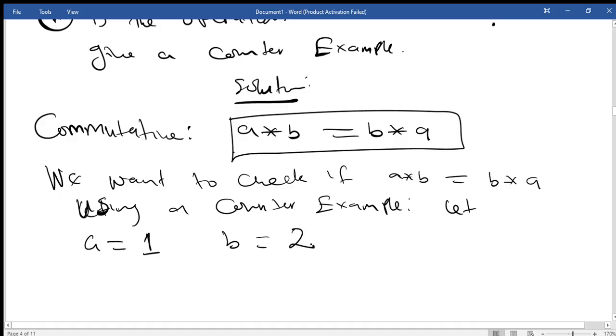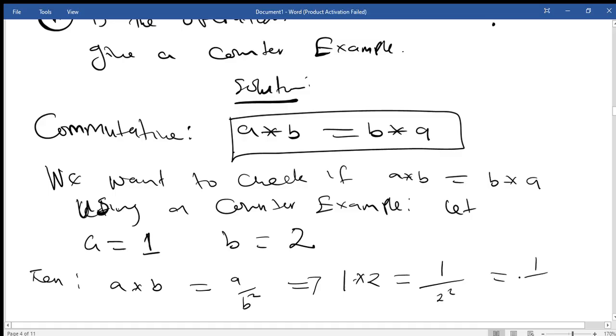Then what are we going to have? A star B, which is equal to A over B squared. This would be 1 star 2, which is going to give us 1 over 2 squared, which is going to give us 1 over 4.